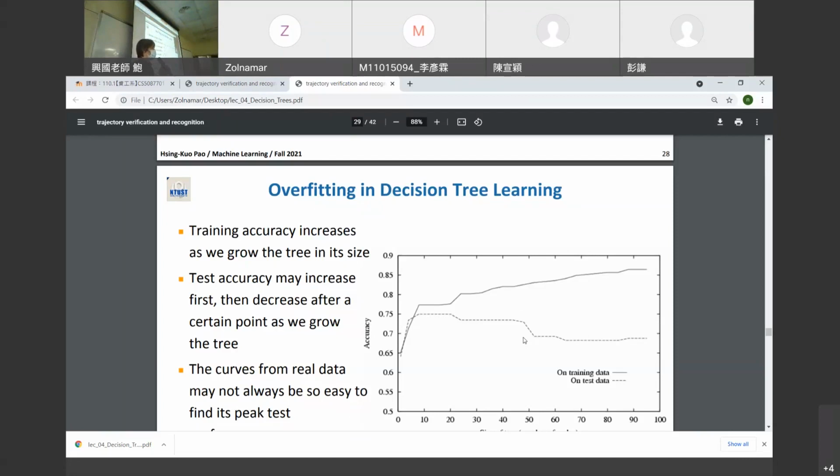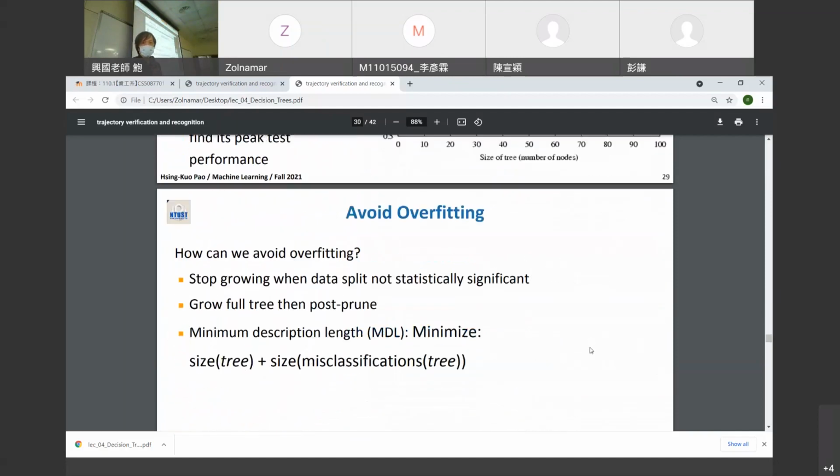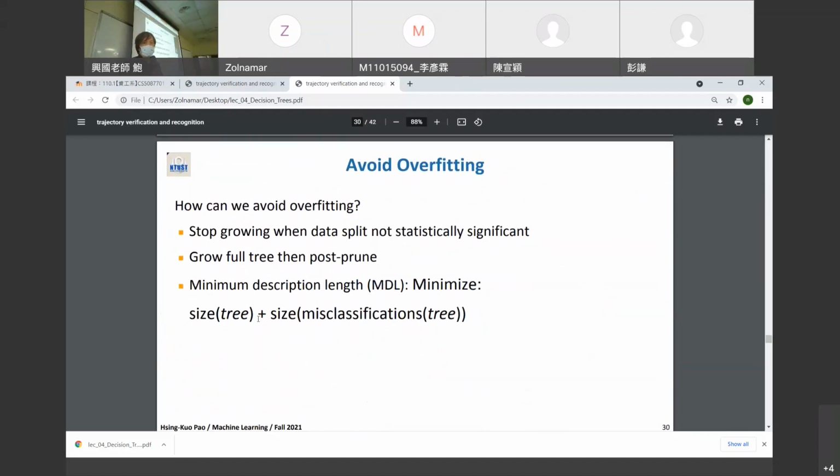So maybe we should stop there. If we continue to grow the tree, the result will usually be worse. That's where overfitting comes from. So to avoid overfitting, other than minimizing the number of misclassifications, we also try to avoid long trees and make sure the tree is not too big.